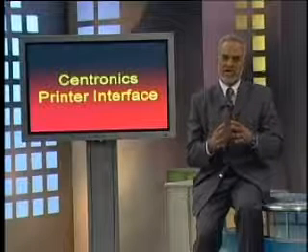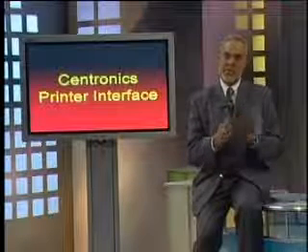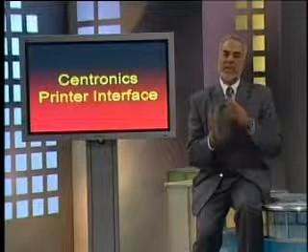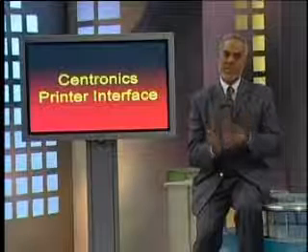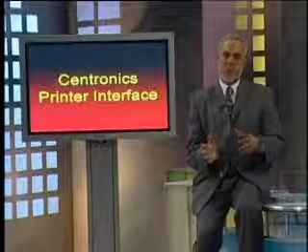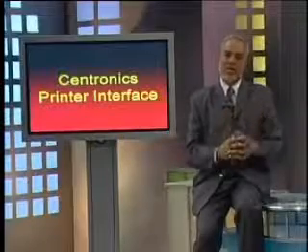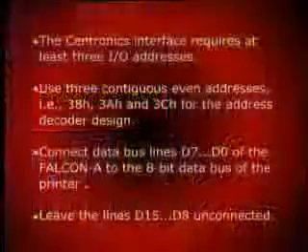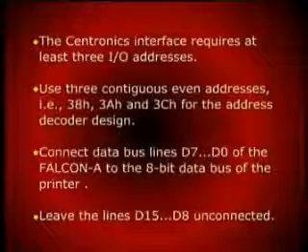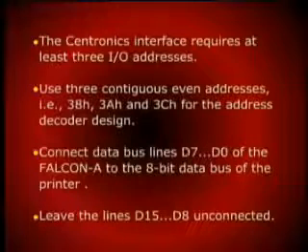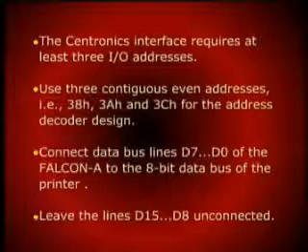So let us have a look at this example of mapping the addresses from Falcon A CPU onto a typical printer utilizing the Centronics interface. The Centronics interface requires at least 3 I/O addresses.